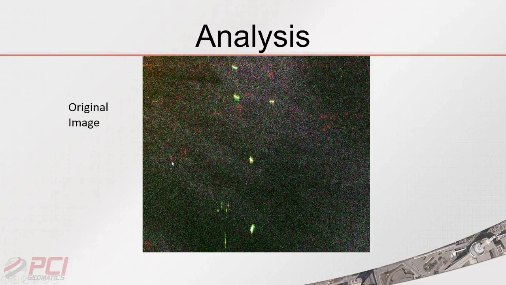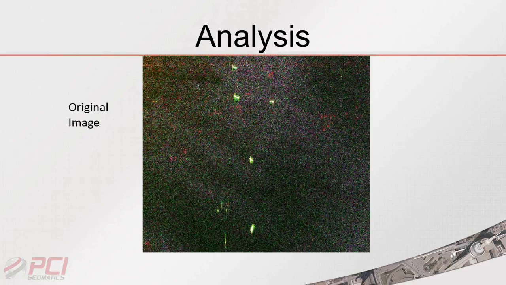Some ships are repeating. We also have some high sea state. There's just some general disturbance over the water, which could be falsely detected as a ship if we have a very bright wave or a very bright location within our image. But if we perform polarimetric analysis on this data set, we can eliminate a lot of these false targets and arrive at a much better result.